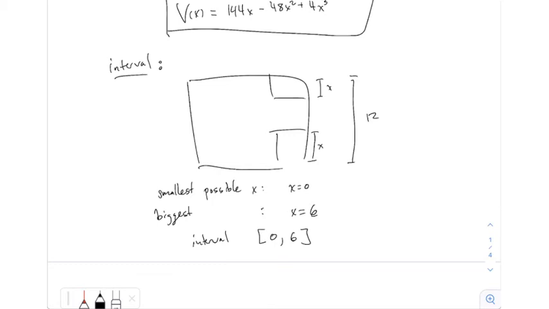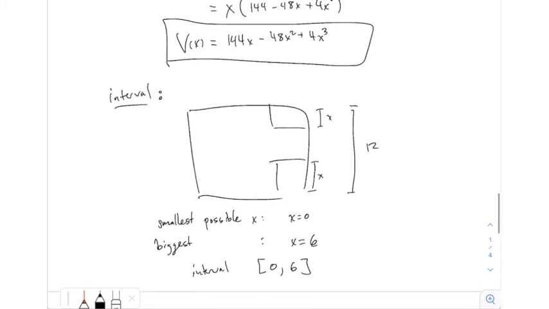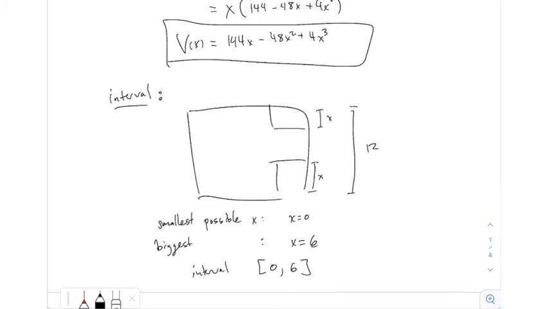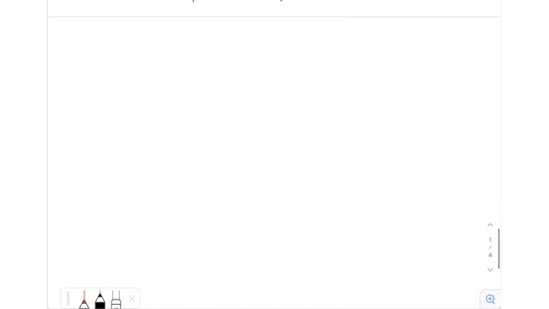I think we're ready to actually solve the problem now. We have our formula, which is up there at the top in the box, and then we have the interval. So we do the usual absolute maximum, absolute minimum business. It's only maximum in this case. The last step is to do it. This involves taking the derivative to find the critical numbers.